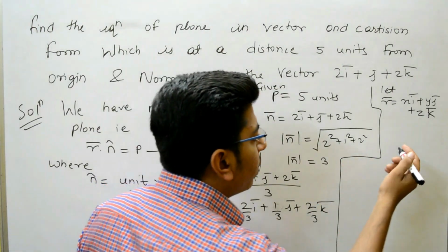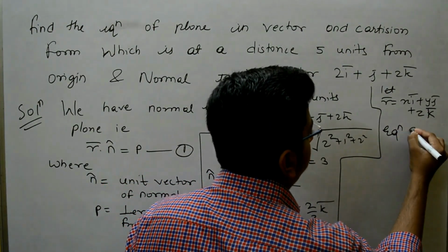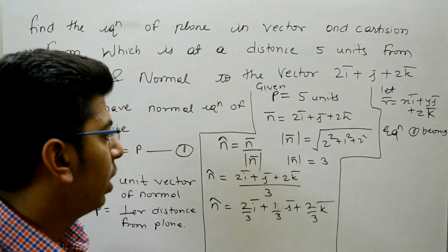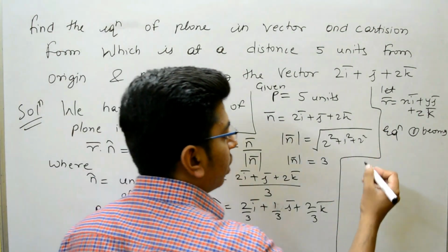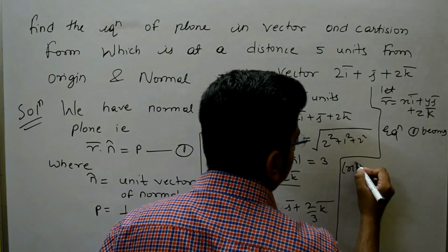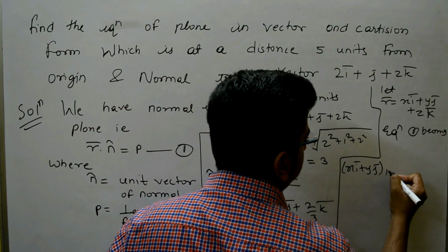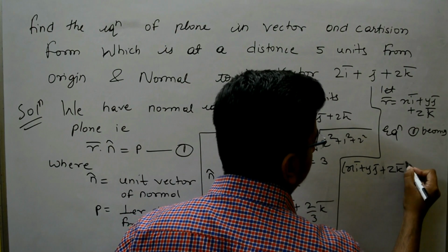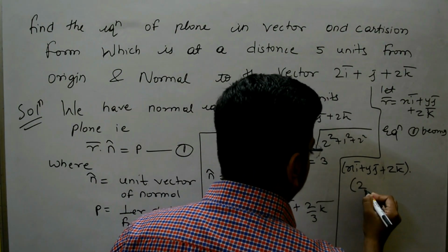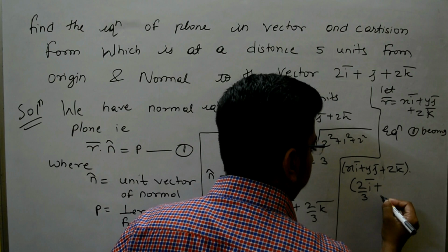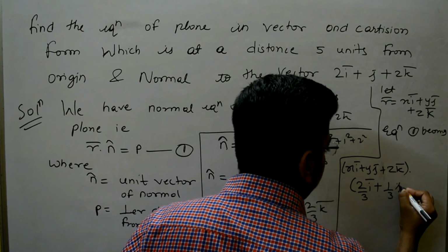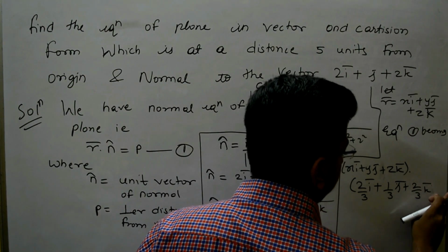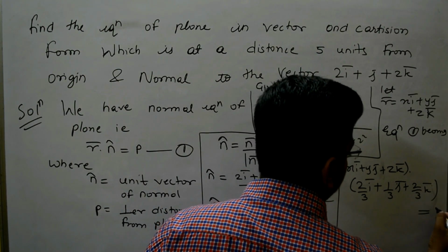Equation 1 becomes: substitute the value of r, xi bar plus yj bar plus zk bar dot 2 by 3 i bar plus 1 by 3 j bar plus 2 by 3 k bar, and all this is equal to 5.